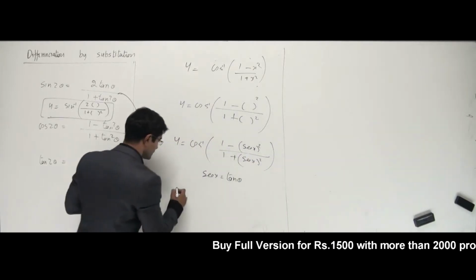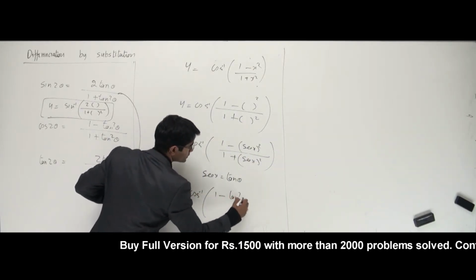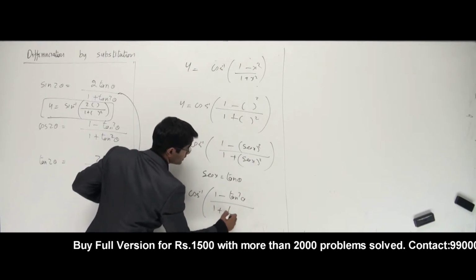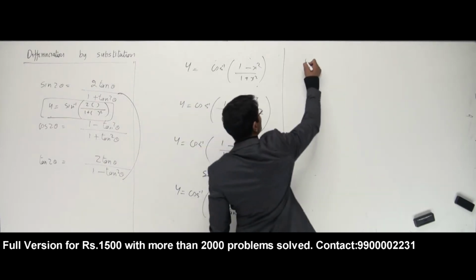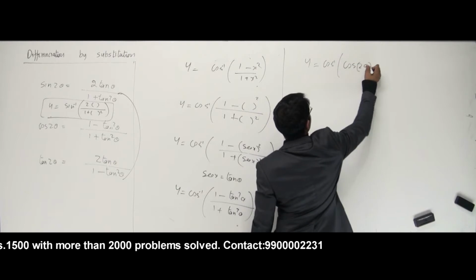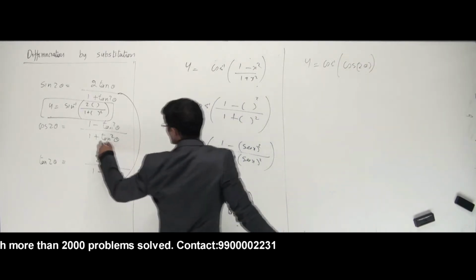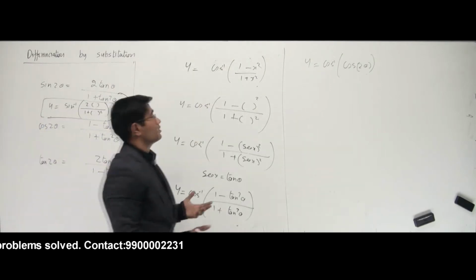Alright, so if I write this, guys, y is equal to cos inverse of 1 minus tan square theta by 1 plus tan square theta, and my problem would look like y is equal to cos inverse of cos 2 theta. From which formula is this? From this guy: cos 2 theta is 1 minus tan squared by 1 plus tan squared. Now my problem would be what?